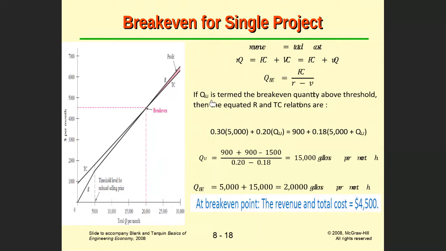So the QU is a representation of the quantity that is above the threshold of the 5,000. Okay, let's go back to the formula here.